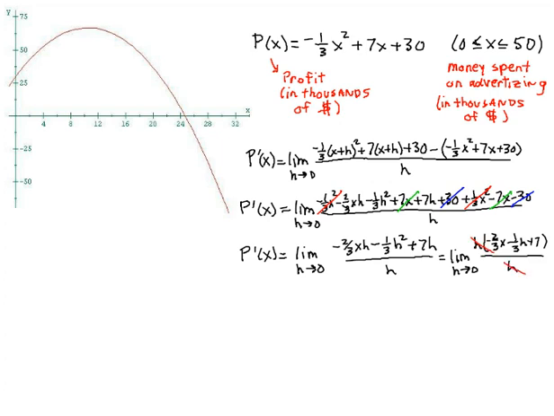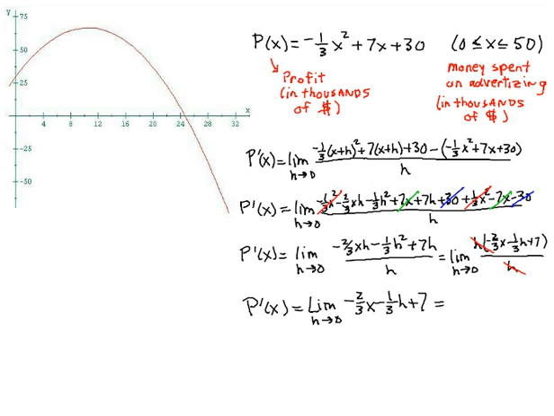H's cancel. And then I have p prime of x finally is equal to the limit as h approaches 0 of minus 2/3 x minus 1/3 h plus 7.